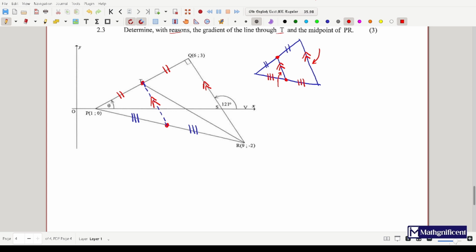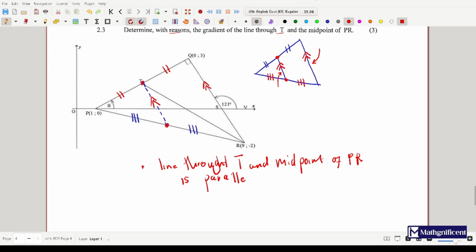So what we are going to say is that the line through T and the midpoint of PR is going to be parallel to the third side.